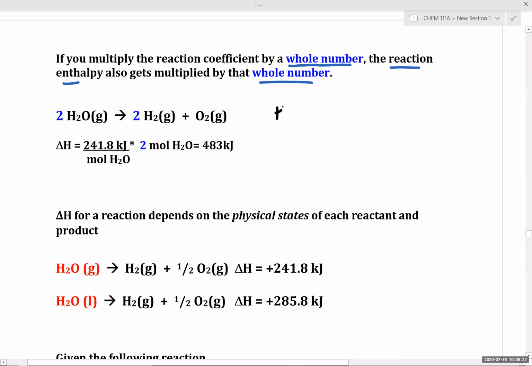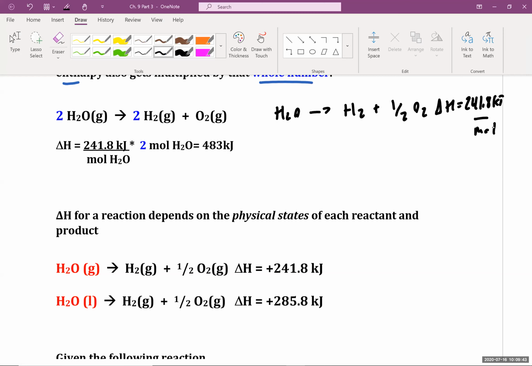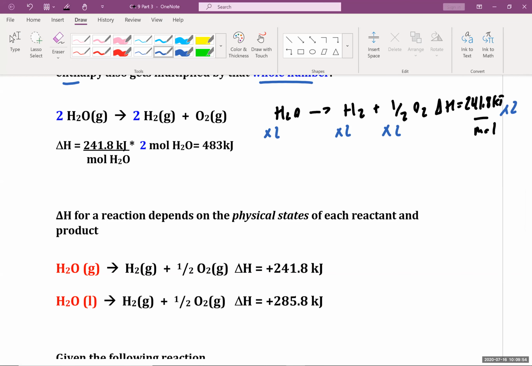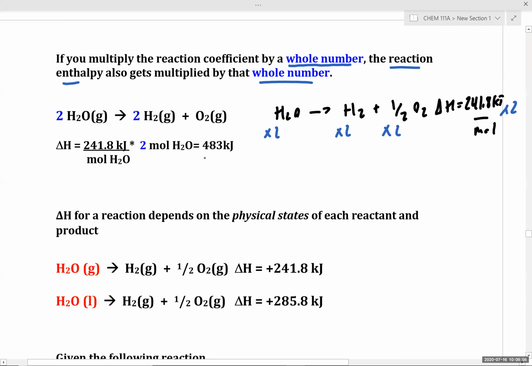So for example, H2O leads to H2 plus 1/2 O2. This has an enthalpy of 241.8 kilojoules per mole. If we multiply all of our coefficients by 2, then our enthalpy also gets multiplied by 2. And in turn, our enthalpy doubles if we double our coefficients.